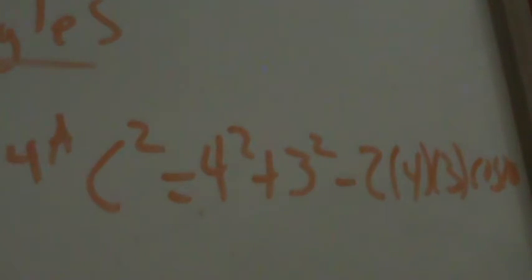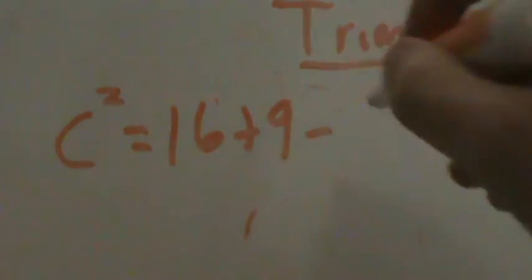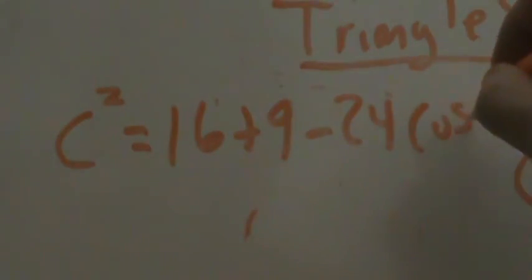Okay? So let's simplify this then. We can do a good amount of simplifying here. So c squared equals 16 plus 9 minus 24 cosine of 70.